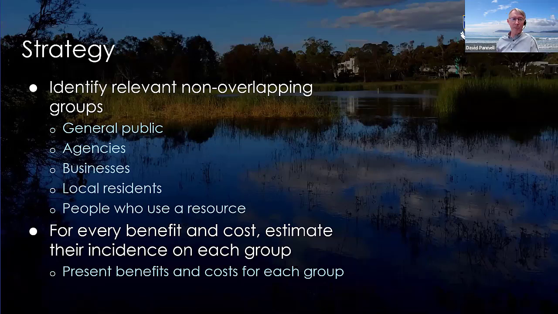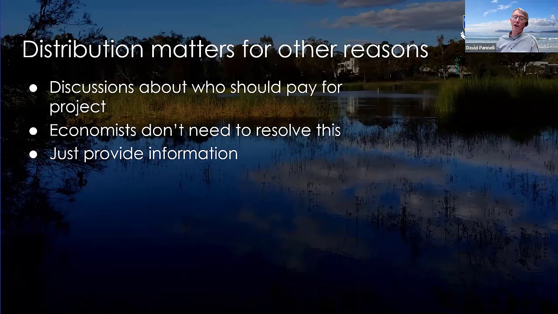Okay, so distribution. This slide is just saying that who wins and who loses might be seen to matter because of welfare type reasons, but it also might matter for other reasons.